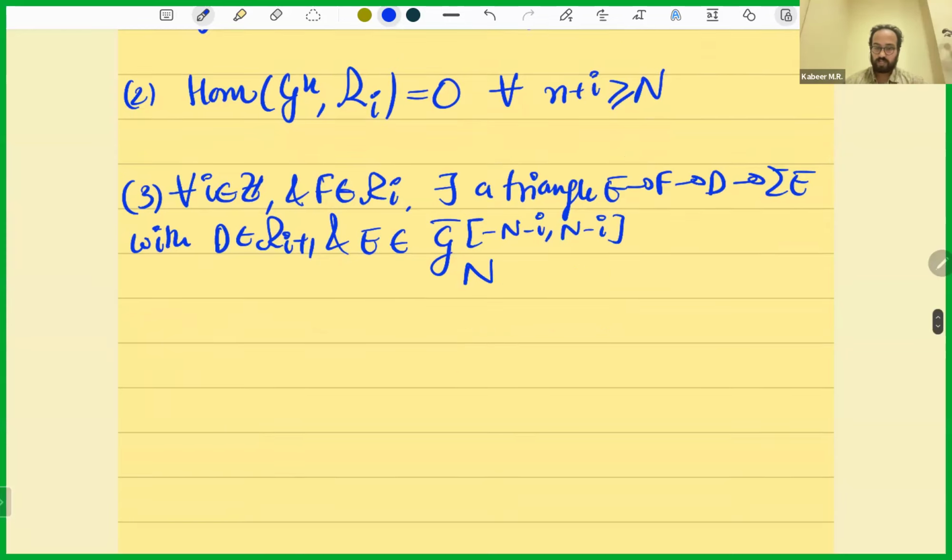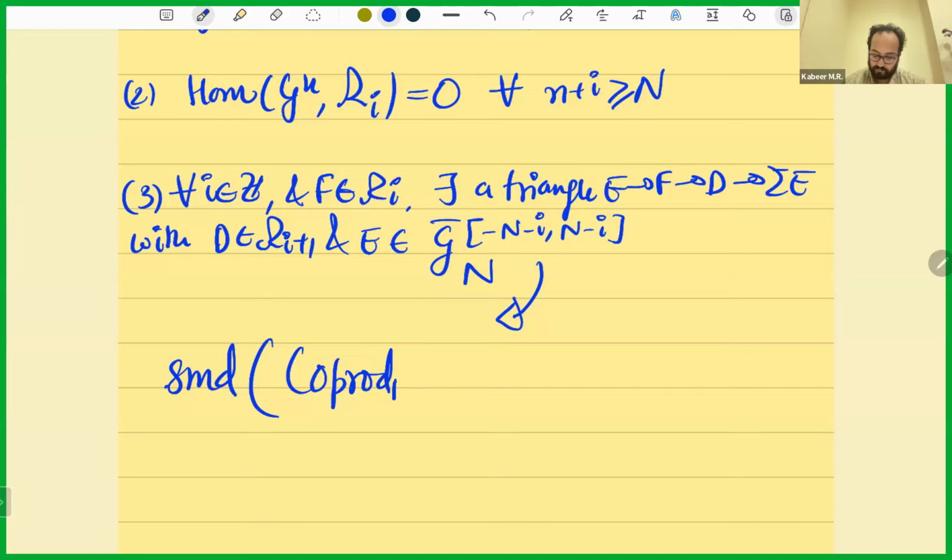Here I should mention what this thing is. To expand it out, this is this category. And I'll explain what these terms mean in a bit.